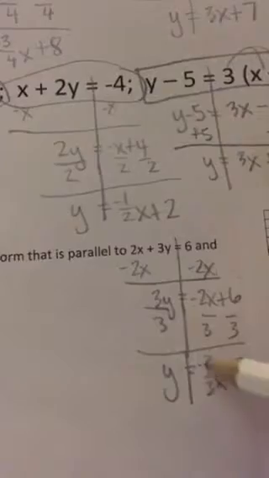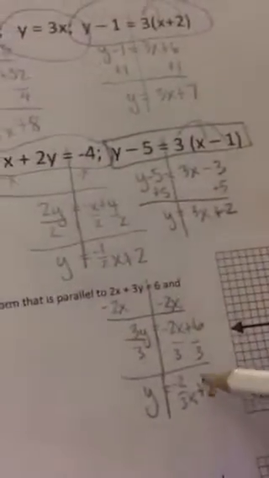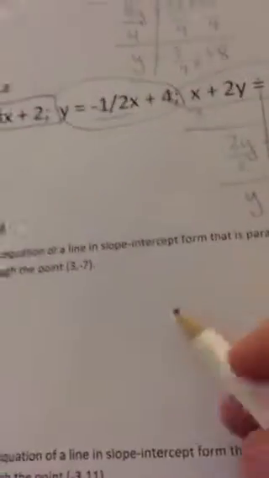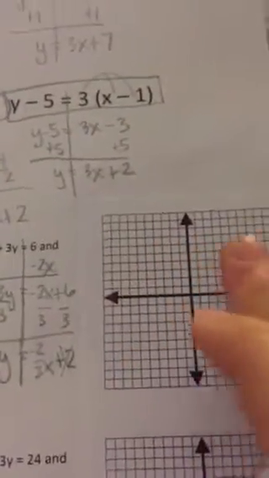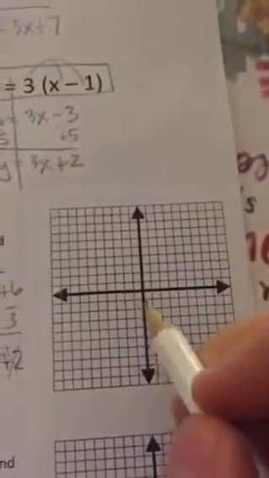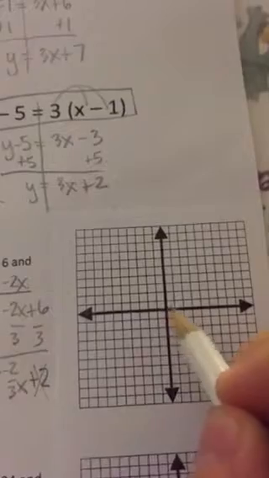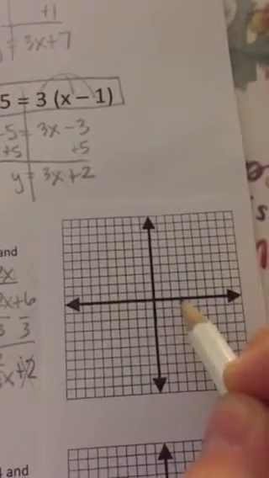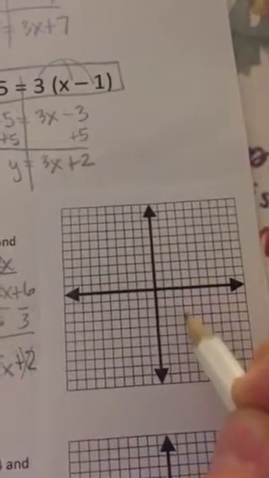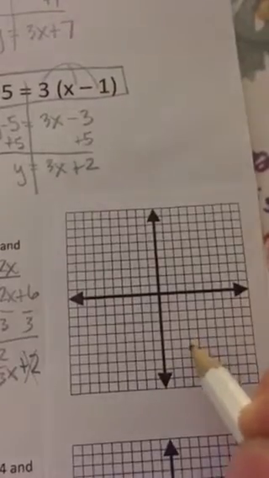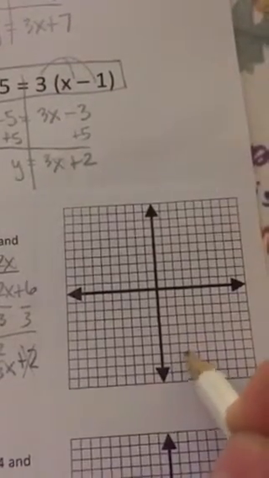So I need it to be the same as negative 2/3. But I'm going to disregard this y-intercept of 2 because what I really need it to do is go through this point (3, negative 7). So I have some graph paper here, and I'm going to go through (3, negative 7), which is right there.